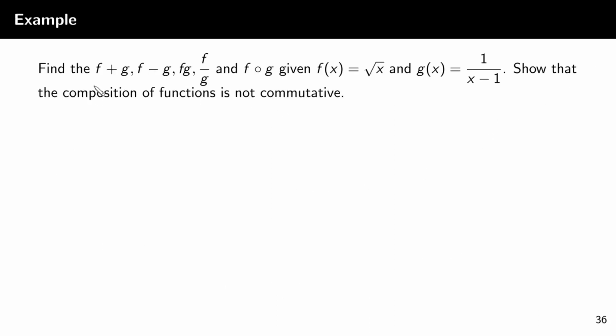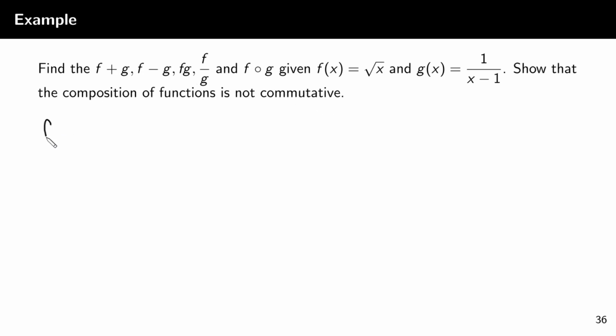Okay. So, find f plus g, f minus g, f times g, f over g, and f of g. We are given f of x equals square root of x, g of x equals 1 over x minus 1. And then let's show that the composition of functions is not commutative.